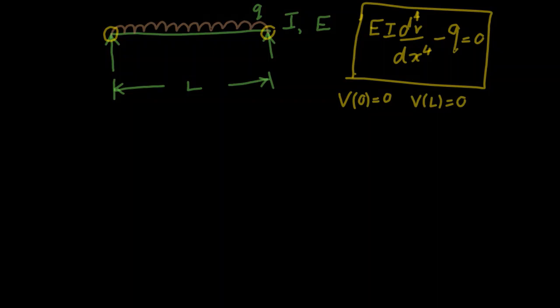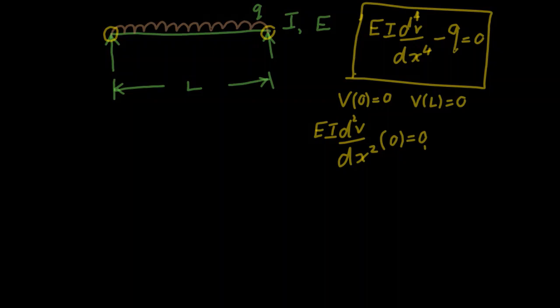The bending moment, which is EI d^2v/dx^2, at x is equal to 0 is equal to 0. The expression for bending moment is EI d^2v/dx^2. You have to burn this expression into your brain, and I have explained how we exactly arrive at this expression for bending moment in the derivation for governing differential equation of a beam.